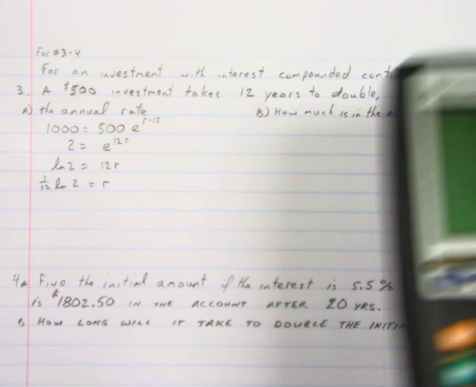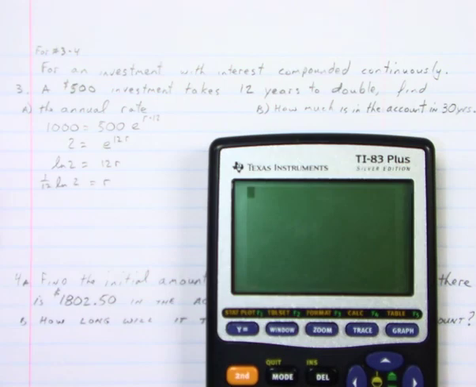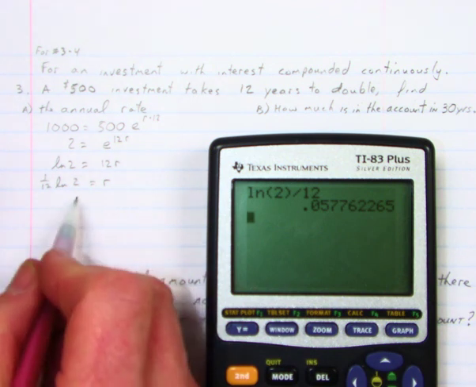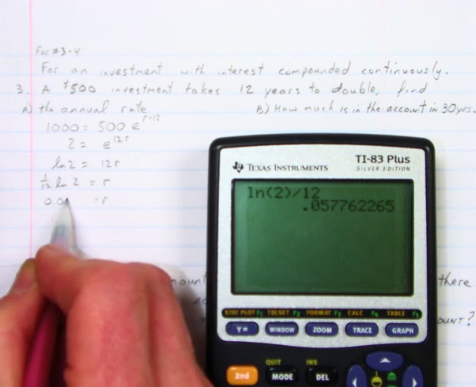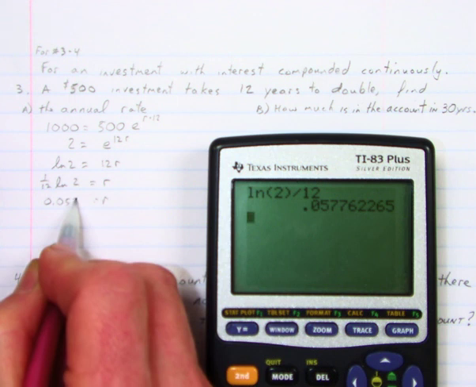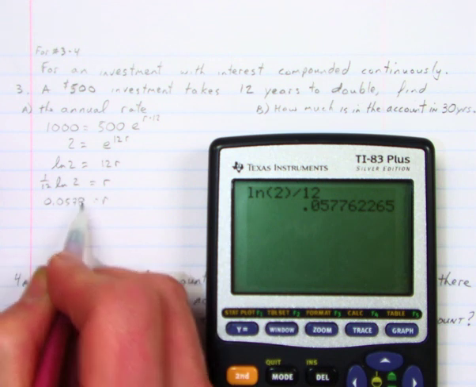And then we can take out our calculator. There's a little bit. So we can say ln of 2 divided by 12. Hit enter. And we get r equals 0.0578, let's say.